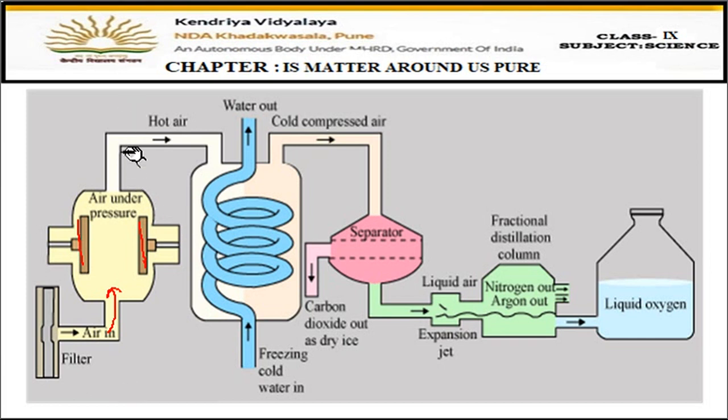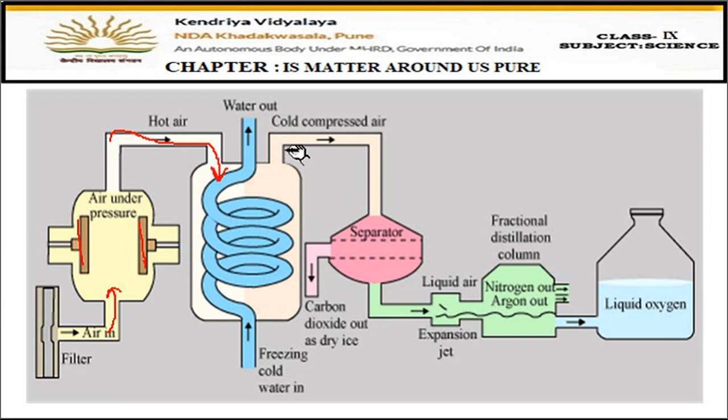Now this hot air, after getting pressurized, will move through this tube and will come into this chamber. In this chamber, freezing cold water is present. You can see here this blue colored pipeline, in which freezing water is filled. Once the hot air comes in, this air also gets cooled.